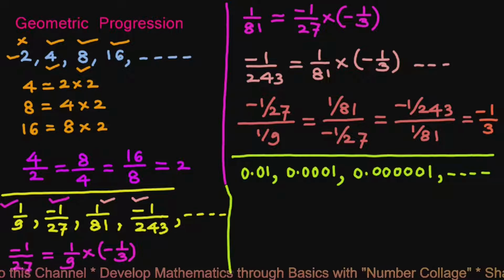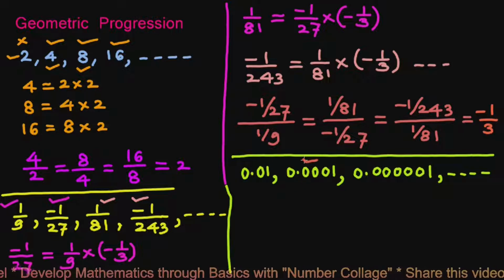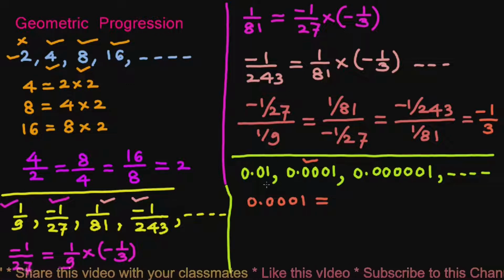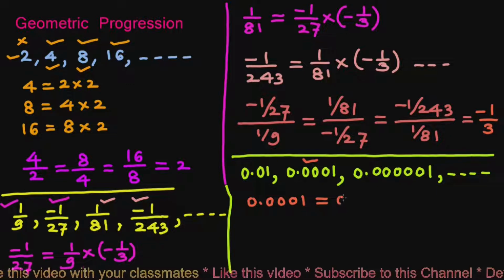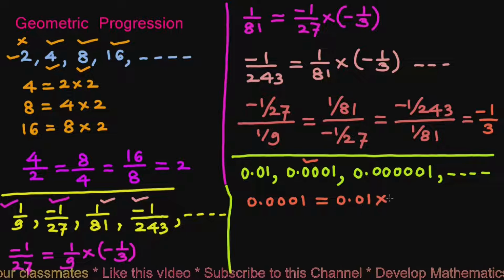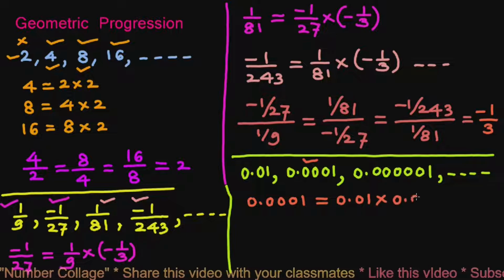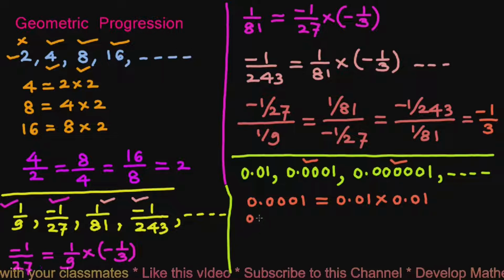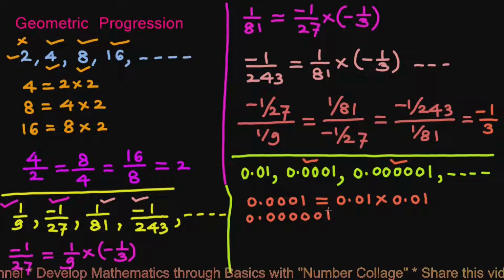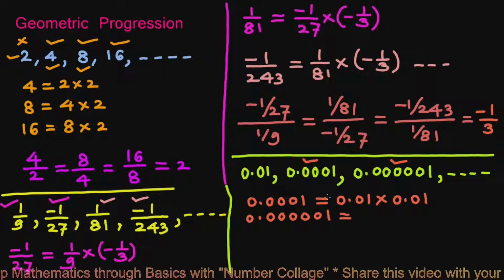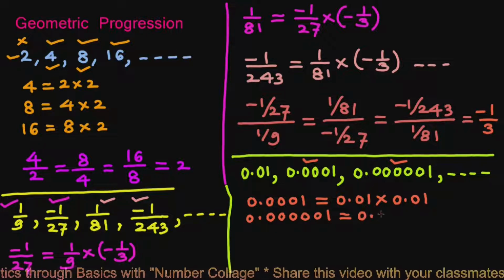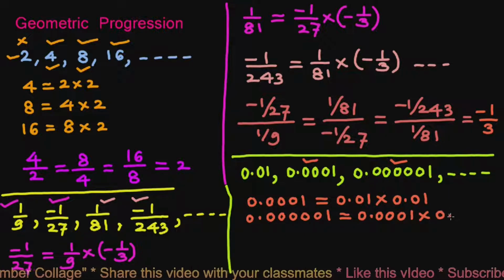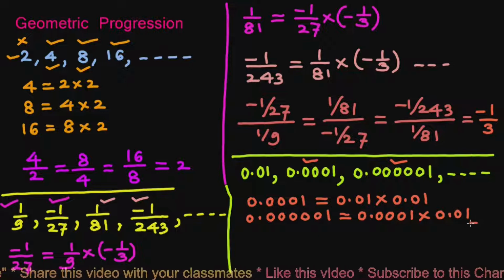In this sequence also, we can obtain the second term 0.0001 by multiplying its previous term, that is the first term 0.01, by a fixed number 0.01, and we can obtain the third term 0.000001 by multiplying its previous term, which is 0.0001, by a fixed number 0.01, and so on and so forth.